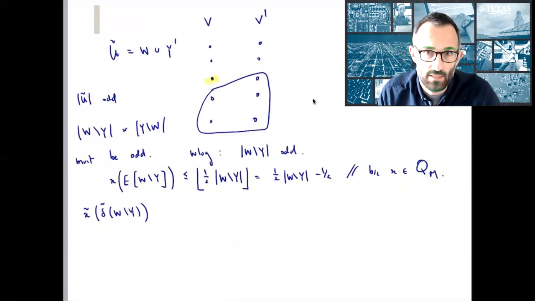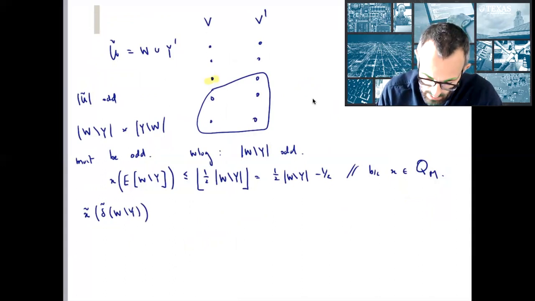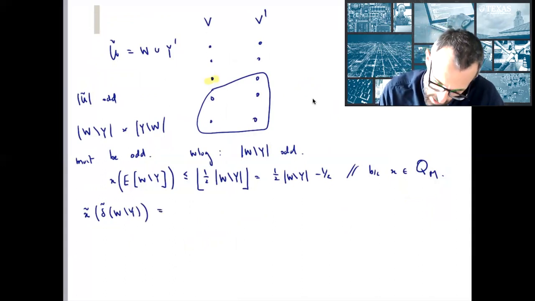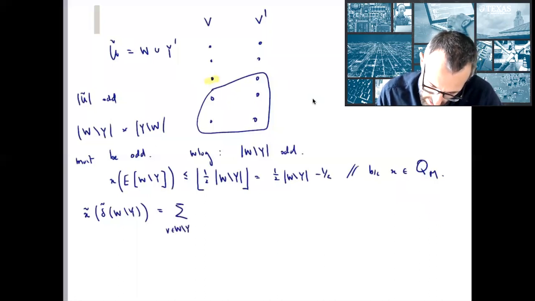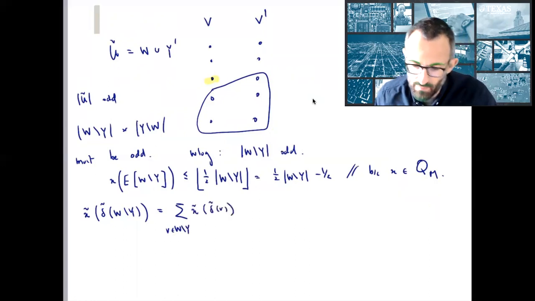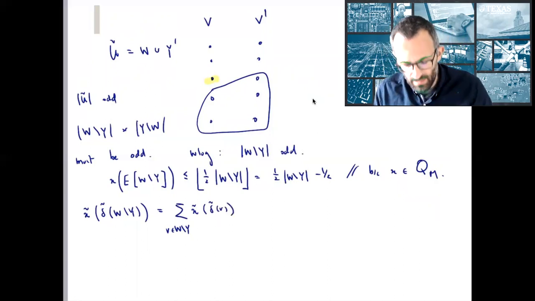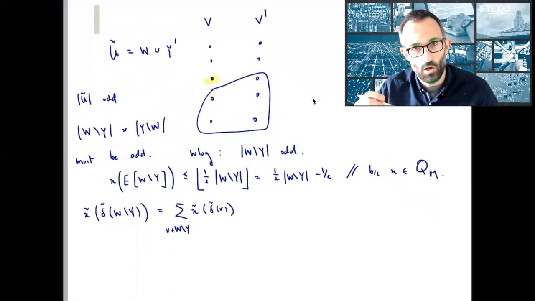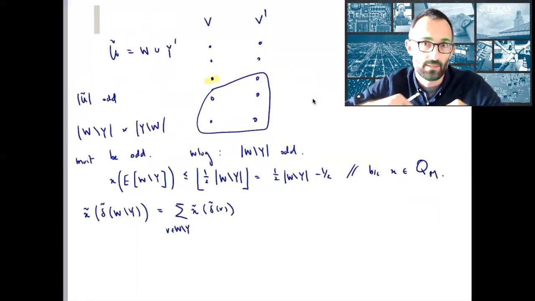So let's write out what x tilde of delta tilde is. Again, note the tilde is on the delta. This is now equal to the sum of all nodes in w minus y of x tilde of delta tilde of v. Now what have I done? Delta tilde of w minus y, that is just all of the edges that have one endpoint outside w minus y and one point inside w minus y.